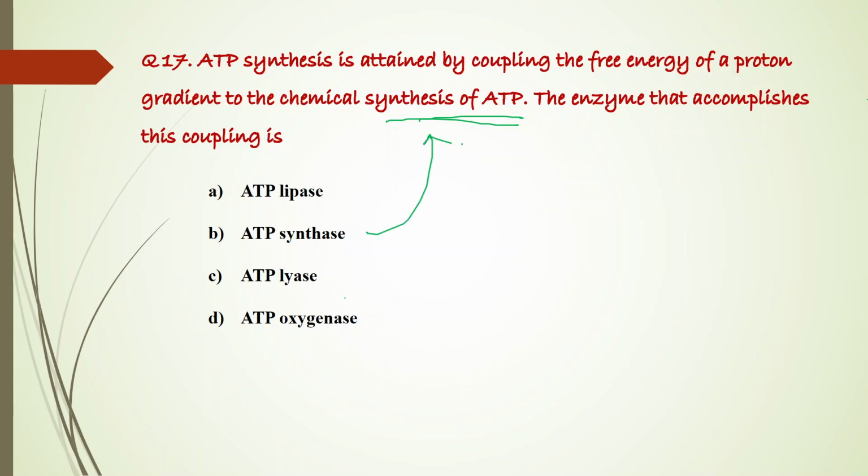ATP synthase. From the name itself you can identify, because we already know the different roles these different types of enzymes have. Ligases, lyases, oxygenases and synthases all have different roles. We have already learned this in some other lectures. So obviously in case of synthesis, the synthase enzymes will take part. So the correct option for question number 17 is ATP synthase.